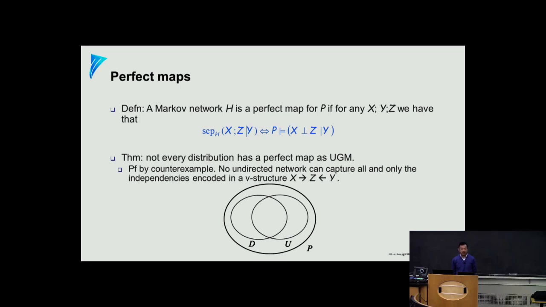And likewise, there are certain conditional independencies that could exist in a distribution that you can never express in an undirected graph. So basically, a perfect map is not an entitlement for arbitrary graphs.